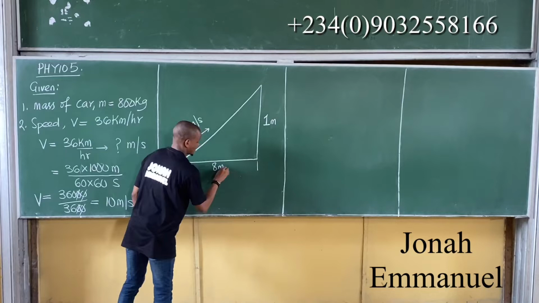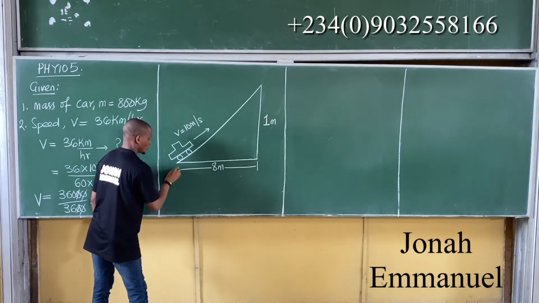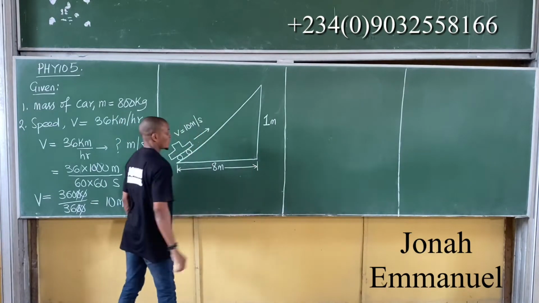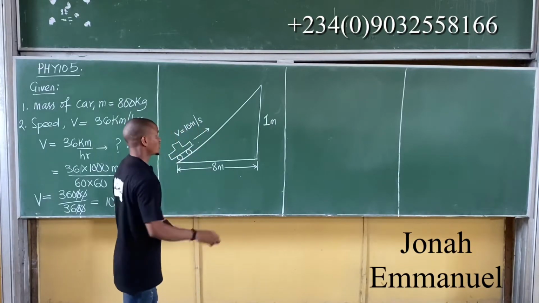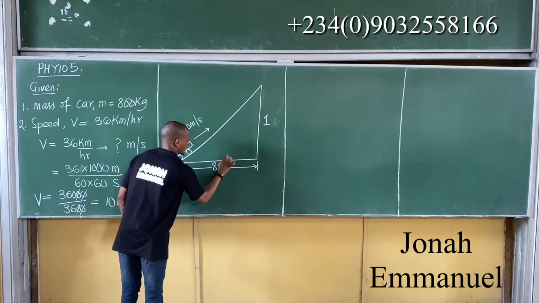So this is what is meant by 1 in 8. But actually, they are not necessarily meters. It's just what we use in getting this angle.